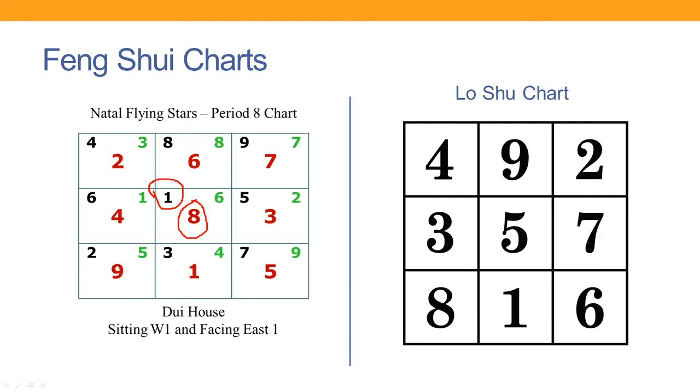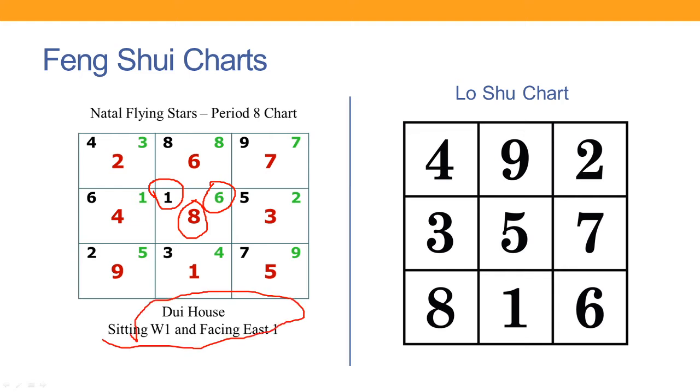Now this other number on the right side is what they refer to as the water star or the sitting star. So you have three numbers in each grid, and I think what Holly was referring to is whether this number stays the same depending on the direction and the sitting of the house.